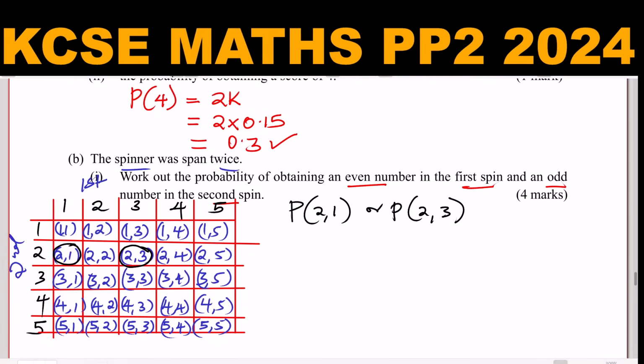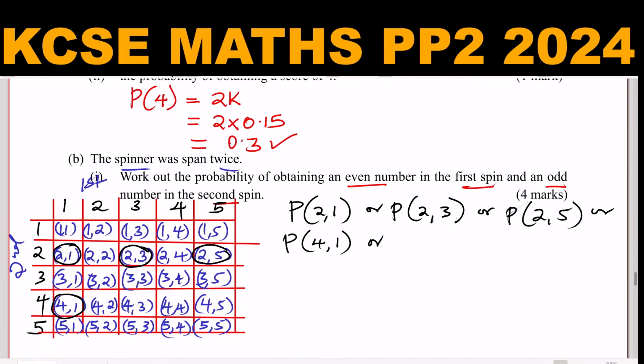The other one is 2, 5. 2 is an even number, then 5 an odd number. The next one is for 3, we don't have that. For 4, 4, 1 is there: 4 even number, 1 odd number.